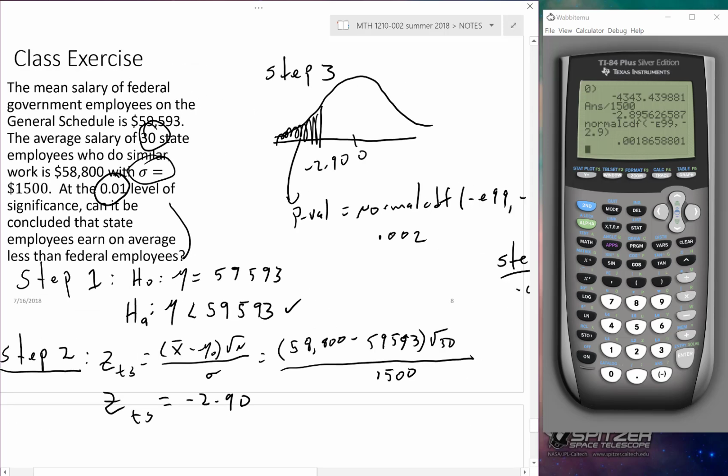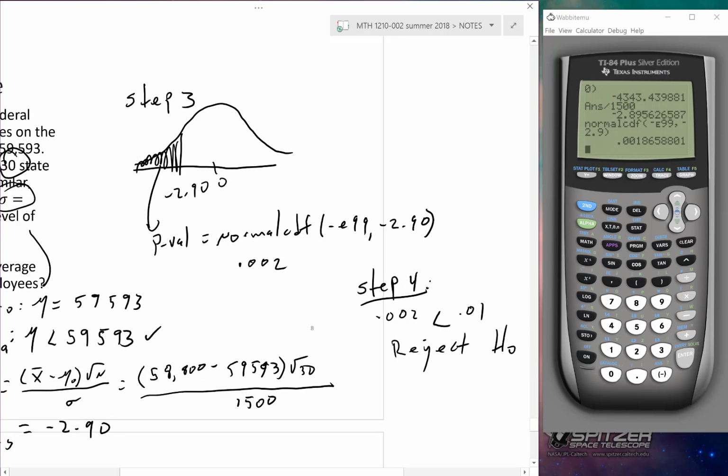And since that p-value is 0.002, this indicates strong evidence in support of the alternative hypothesis. So the idea of committing a type 1 error is very, very small. So we don't really have to concern ourselves with that.